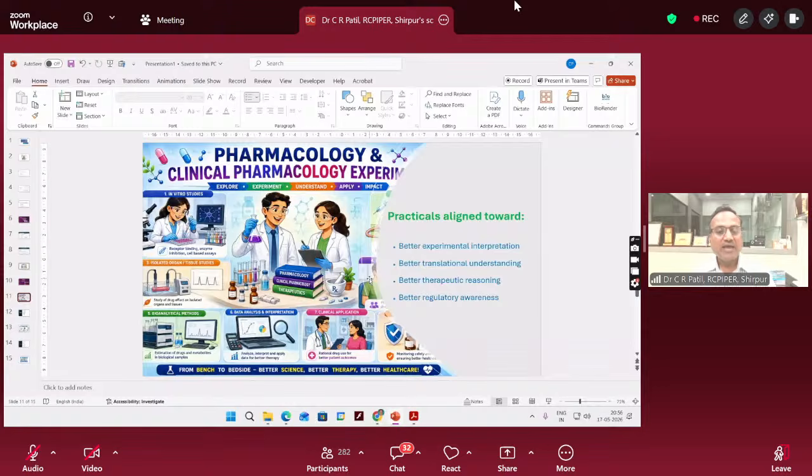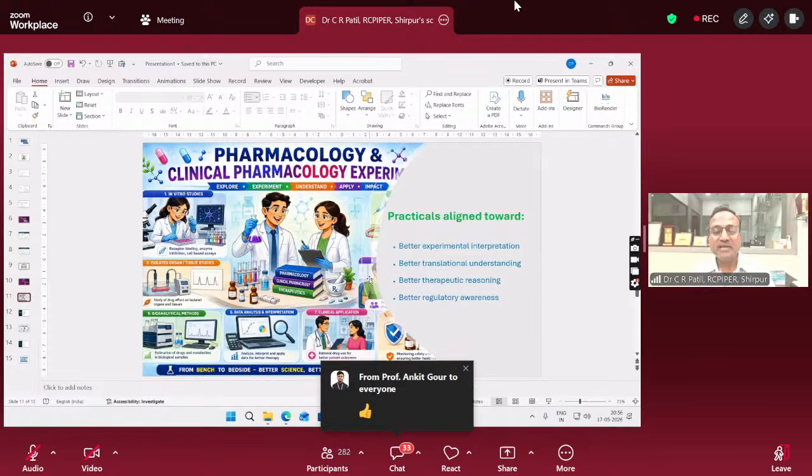Okay, and that liveliness is through implementation of new technologies. There are some experiments which have been added now, and I congratulate all the pharmacology teachers for this, that they will be getting a chance to run their wet labs once again with implementation of modern experiments.